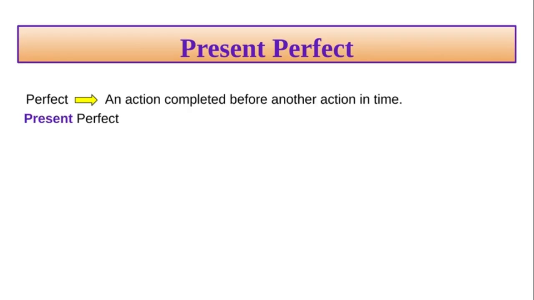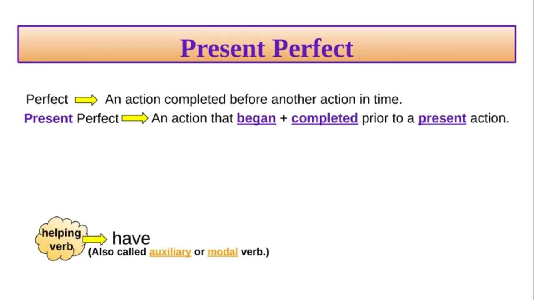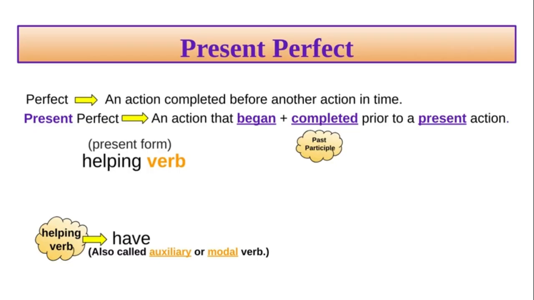The present perfect, keyword present, an action that began and completed prior to a present action. To conjugate the present perfect, we're going to use the helping verb have. Okay. Combine the present form helping verb and the past participle to conjugate the present perfect.